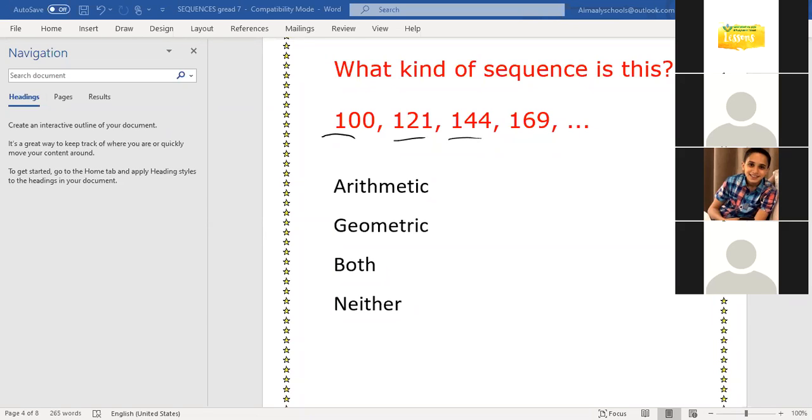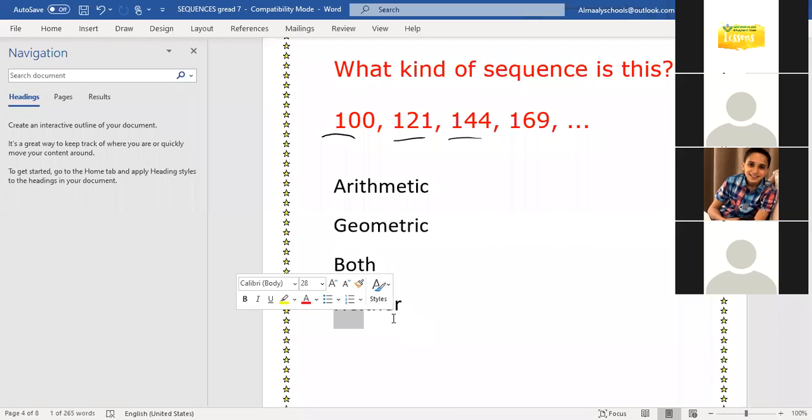Number 2, 121 divided by 100 does not equal 144 divided by 121. So no. So the sequence is neither. That's right. Yes. So the sequence is neither.